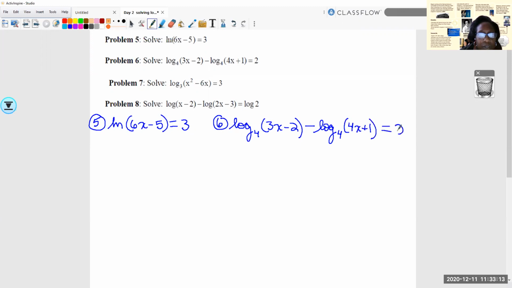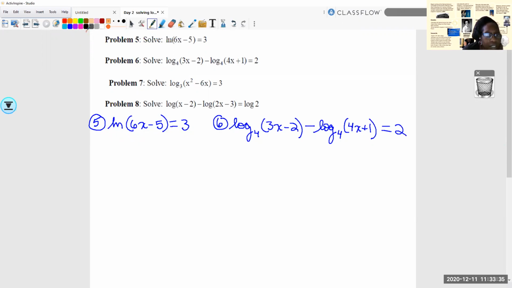equals 2. All right. These, again, you want to recite your order of what to do. So anytime you see ln, how do you solve log equations? You rewrite them in exponential form. But notice, we don't have a base that we can see.